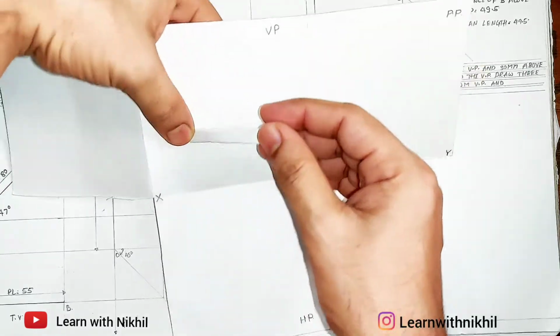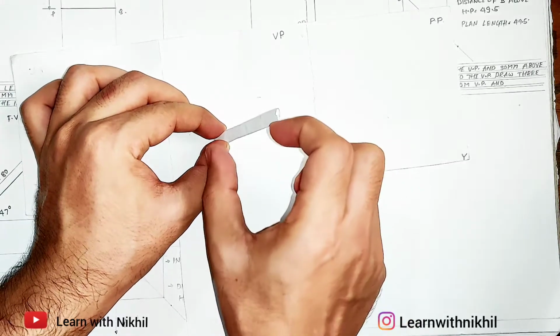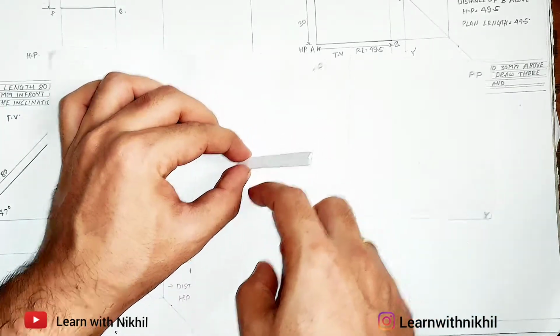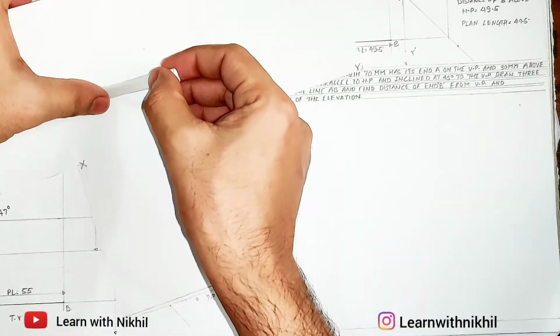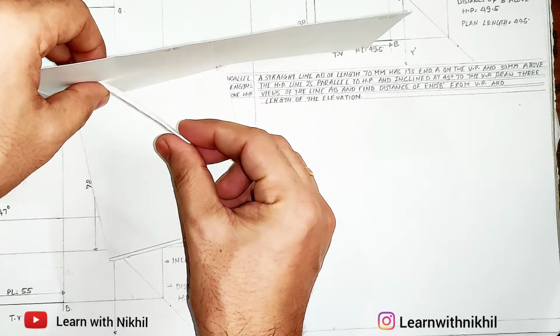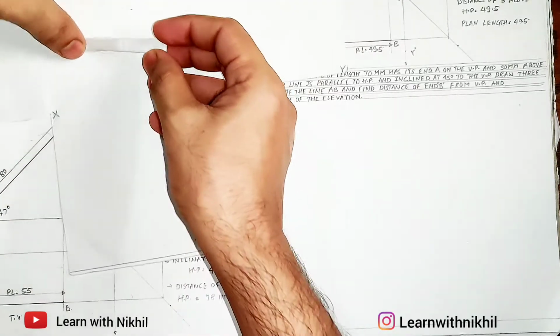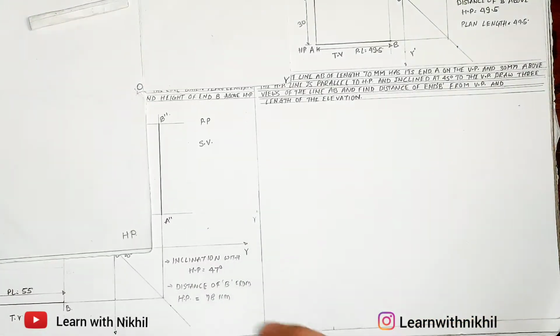This height is 30, so from the front view, the line will look small. This is not its actual length. And from the top view, if you see, this angle is 45 degrees. So this is how the front view will be.